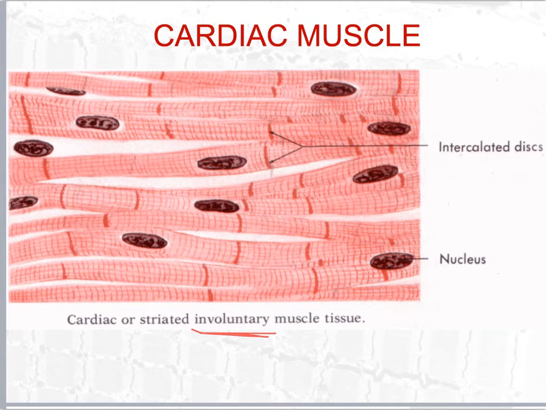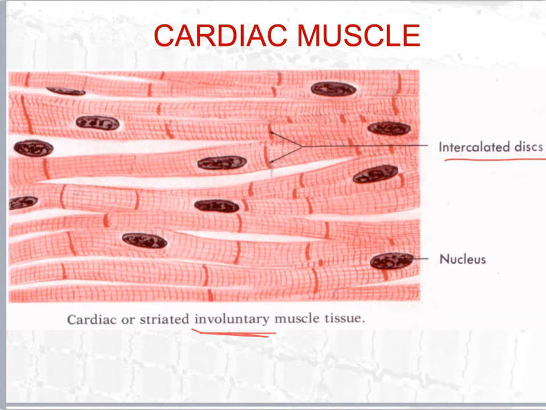So it's involuntary, it just happens. And the other thing that cardiac muscles have that's different from skeletal muscle is they have these things called intercalated discs. You can see those are the dark lines sort of at each branch.